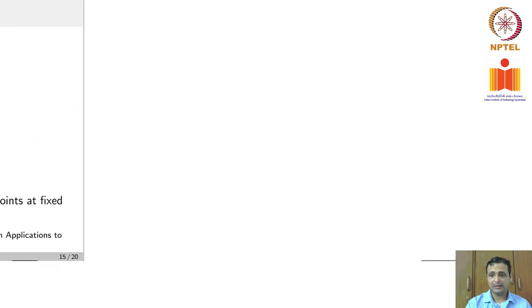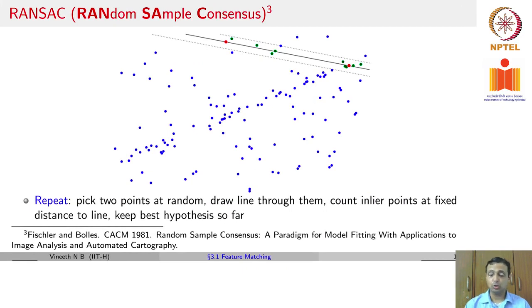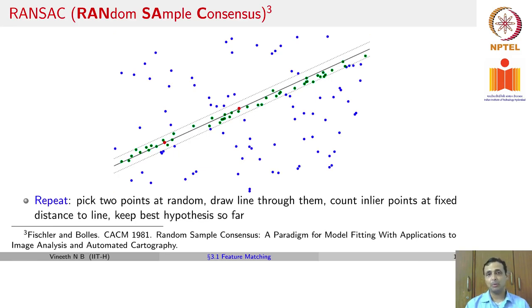You again repeat this process, pick another 2 points, pick a line, see how many are in the neighborhood of that line. Once again, you get a lesser number for such a line, and you keep repeating this process over and over again, but keep your best hypothesis saved with you. And you'll see that in this particular example, as you keep repeating this, the line that you have here, which goes through a set of random picks, is the best possible hypothesis, and that's the hypothesis that you're going to go with.